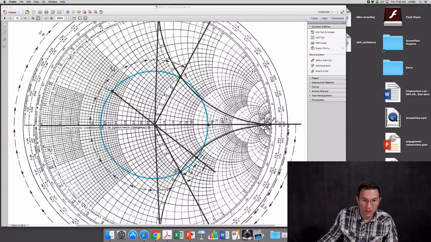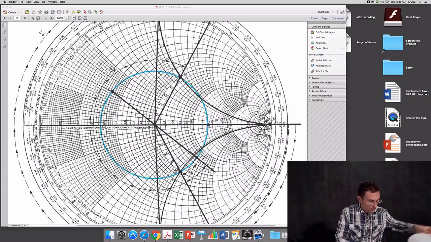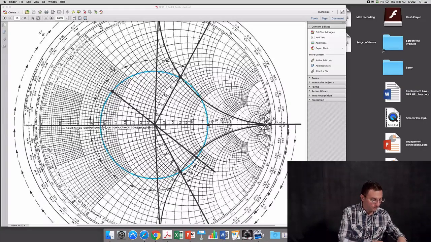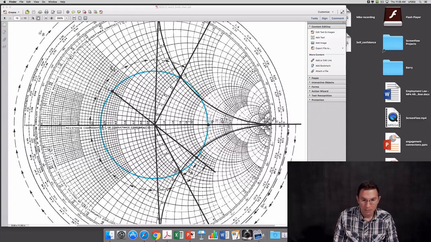We call that point B, and at that point, which we call point A. Now we have to read off the admittance at each of those points A and point B.